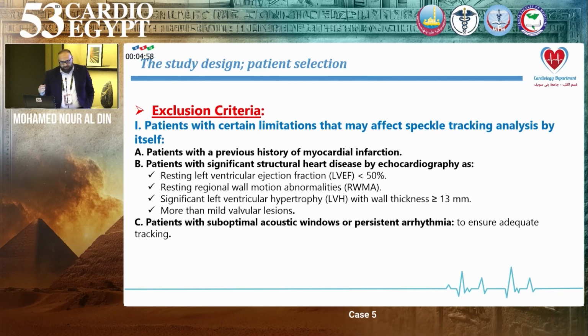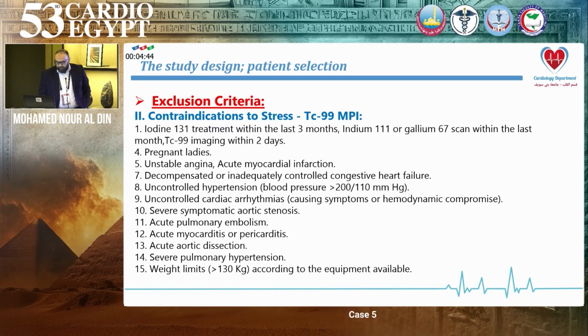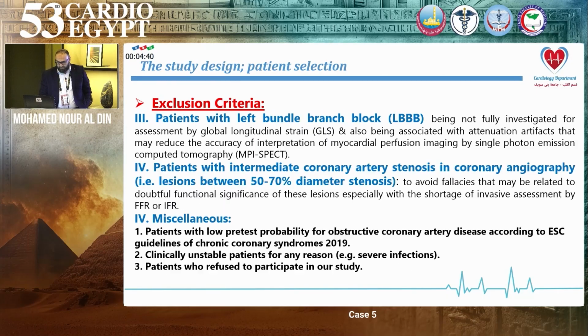Exclusion criteria: we excluded patients that may have limitations affecting speckle tracking, like patients who have previous myocardial infarction or a structural heart disease that may affect global longitudinal strain, or patients with suboptimal acoustic windows, and we also excluded patients with contraindications to stress MPI and patients with left bundle branch block.